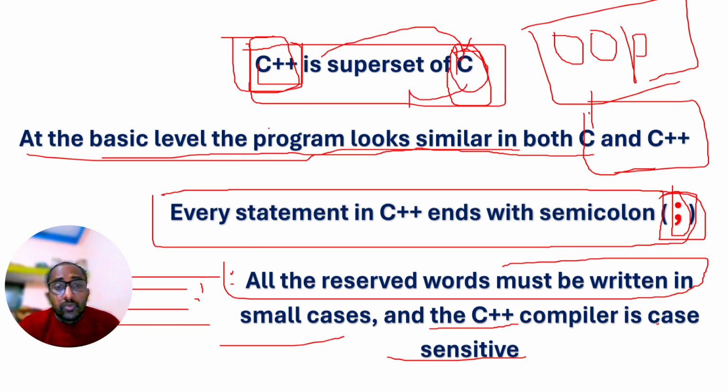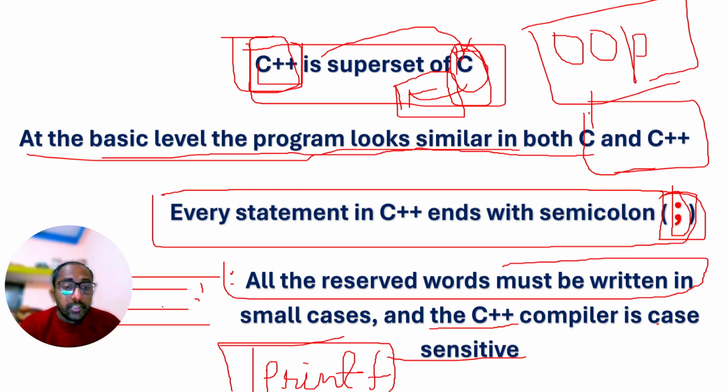Reserved words are words whose meanings are already known to the compiler, so they must be in small case. Suppose printf is a function we used in C language. It cannot be used in capitals, so we have to write it in small case.